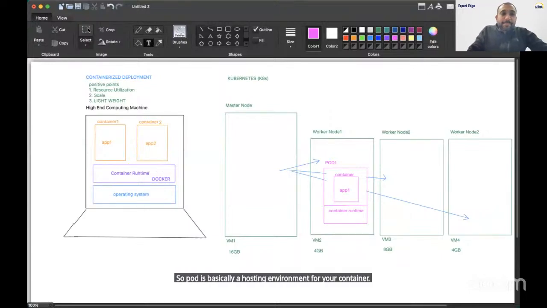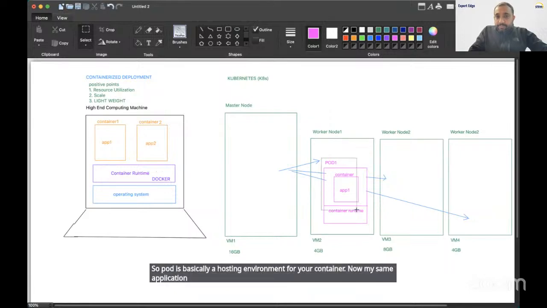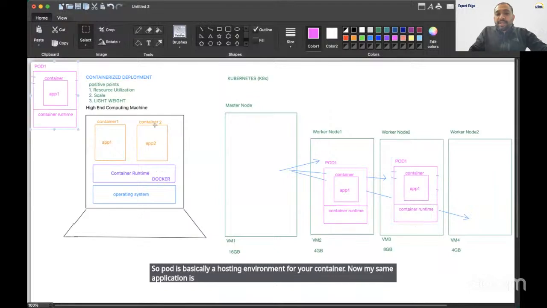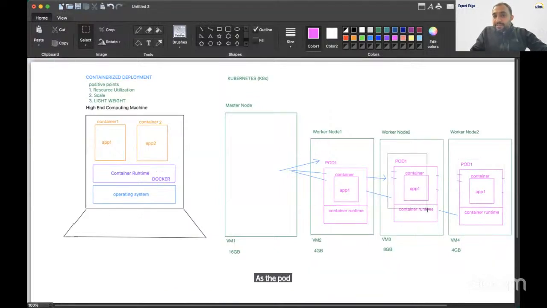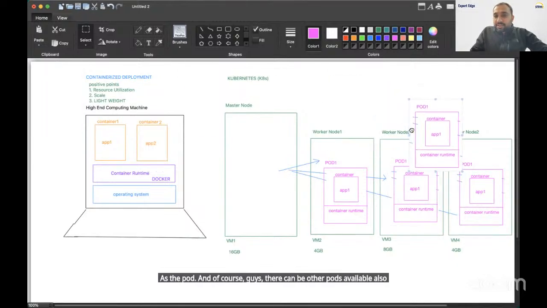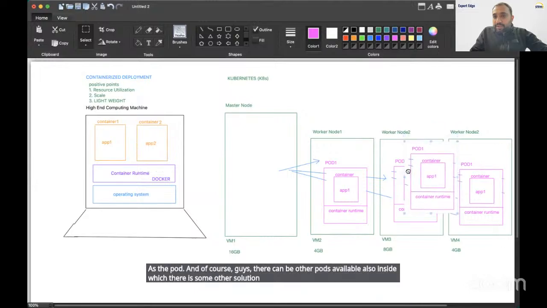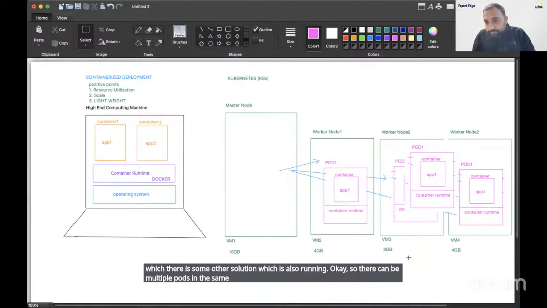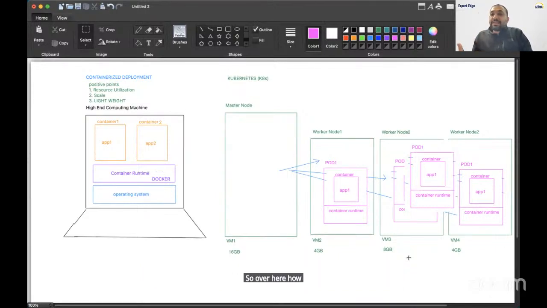Now my same application one is running on multiple worker nodes as the pod. And of course, guys, there can be other pods available also, inside which some other solution is also running. So there can be multiple pods in the same node as well. Over here, how is the scale getting answered?